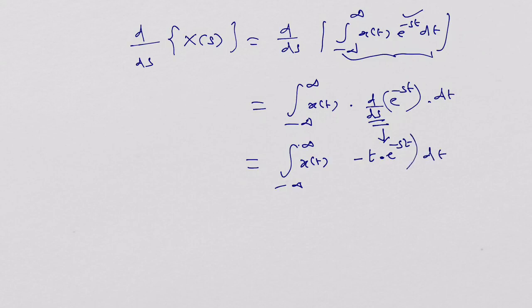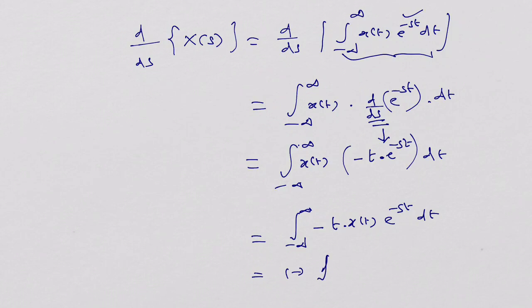So let me conclude the expression now. This will become the integral from minus infinity to plus infinity, all the t terms, so minus t into x of t, I arrange the term e power minus st dt, or I would recommend you to use minus the integral from minus infinity to plus infinity of t into x of t e power minus st dt.